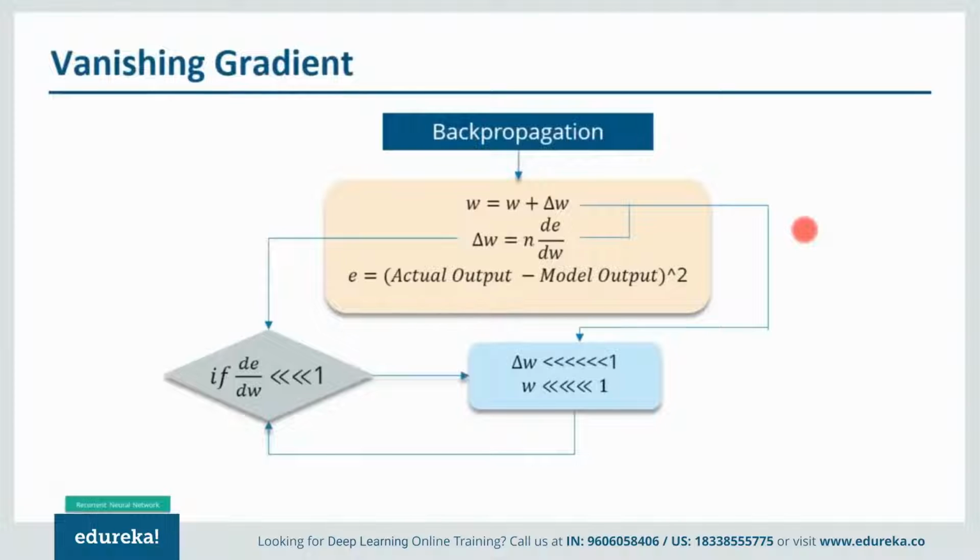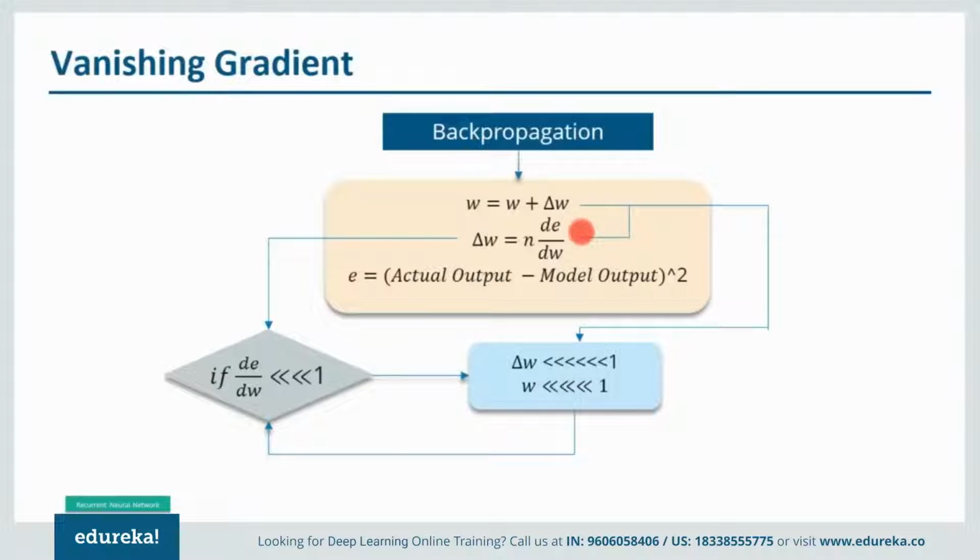So in vanishing gradient, what happens? When you use backpropagation, you tend to calculate the error, which is nothing but the actual output that you already know minus the model output, the output that you got through your model, and the square of that. So you figure out the error. With that error, you tend to find out the change in error with respect to change in weight or any variable. So we'll call it weight here.